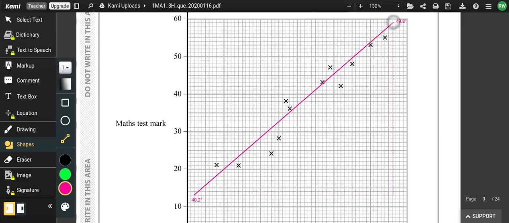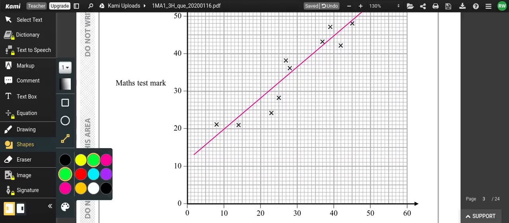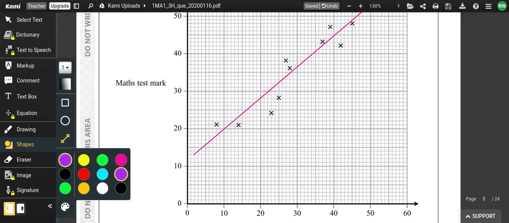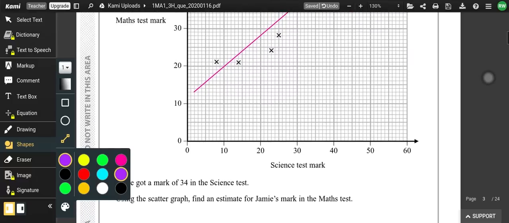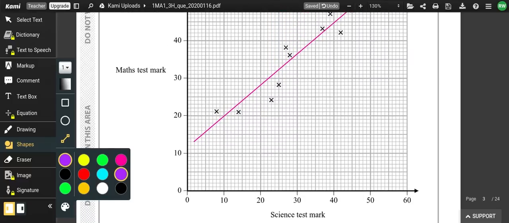So maybe something like that. 1, 2, 3, 4, 5. 1, 2, 3, 4, 5. 5 on each. Something like that. So now we can read off the graph. Let's go up at 34, in science, which is here. And go across. So I would say that's 40.